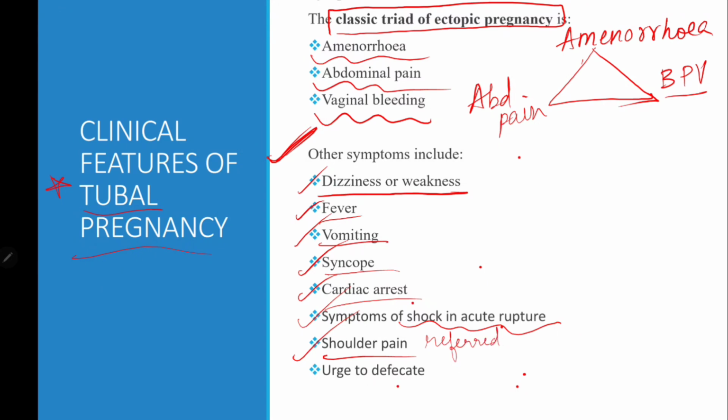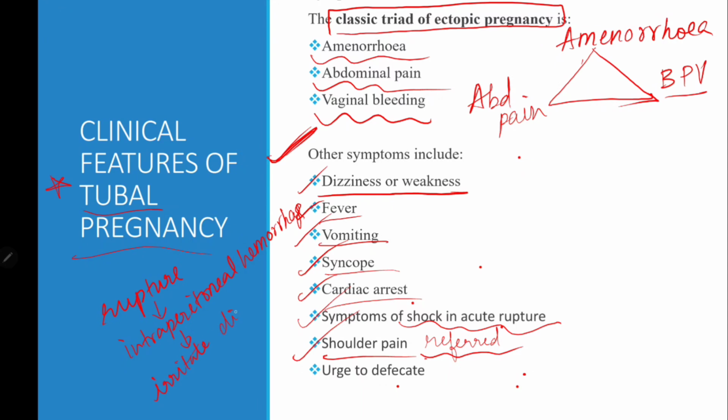I will explain why shoulder pain is occurring. The shoulder pain will be referred because there is rupture. Rupture can lead to intraperitoneal hemorrhage. When there is an intraperitoneal hemorrhage, blood in the abdominal cavity will be irritating the diaphragm.